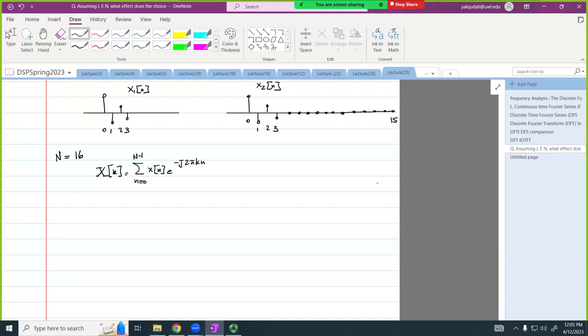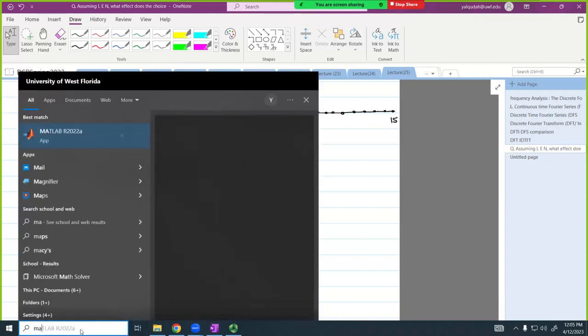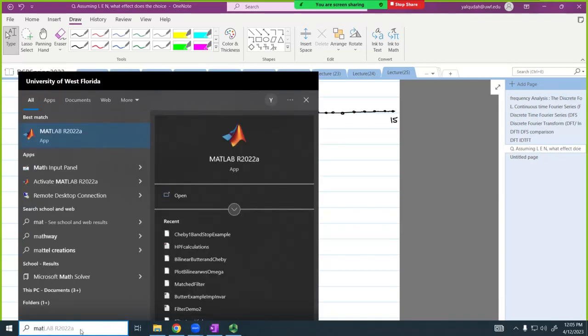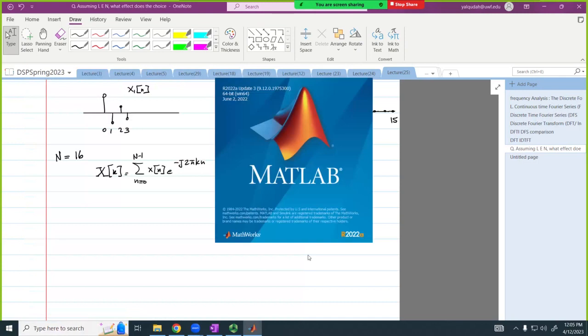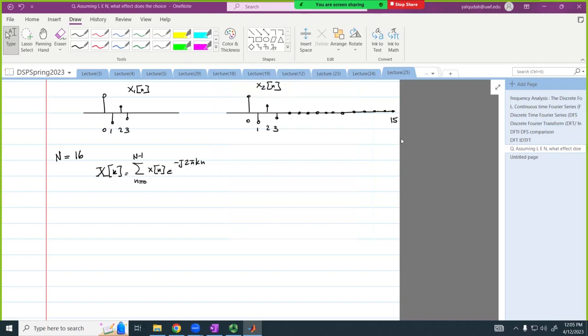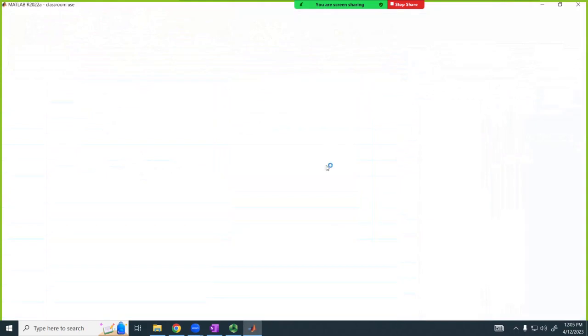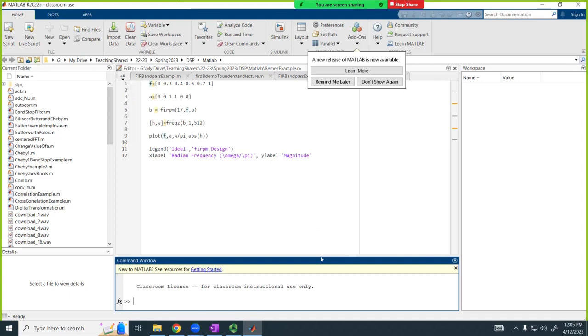So soon we're going to be using MATLAB, and MATLAB has a command that is called FFT.